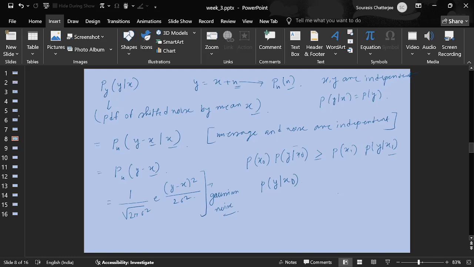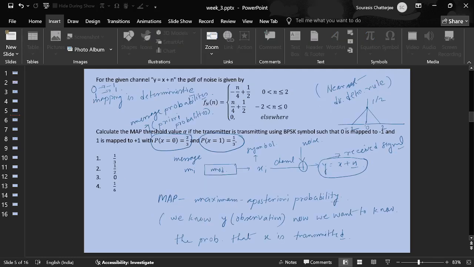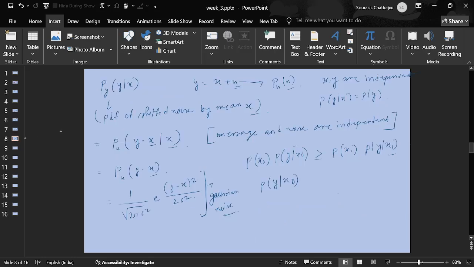We have seen that noise PDF is centered at 0. So what we just talked about, P of y given x0 has the similar PDF, that of noise, only shifted by x naught, right?